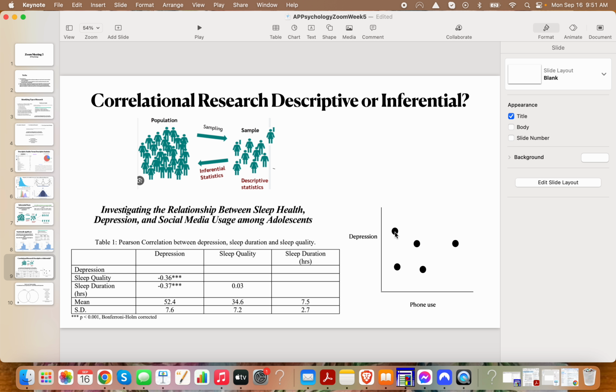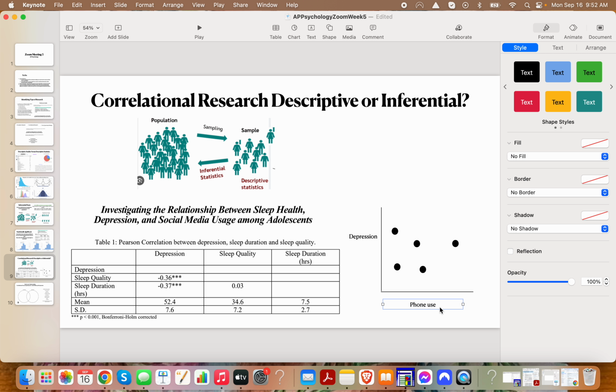Now, what's the difference between this and doing an experiment? Because I might still use a scatter plot and look at a correlation with an experiment. The difference is that in an experiment, I would be manipulating phone use. I would say, you're assigned to group 1, you don't have your phone, you don't get to use it at all, and you're assigned to group 2. I probably can't do this after people are really used to their phones, because that may change the whole dynamic.